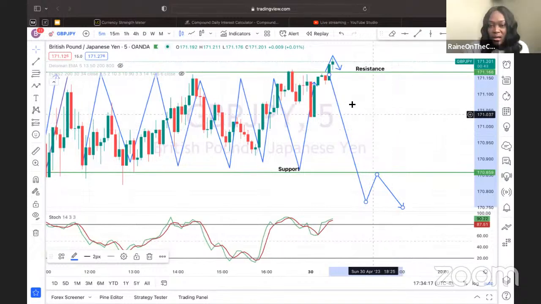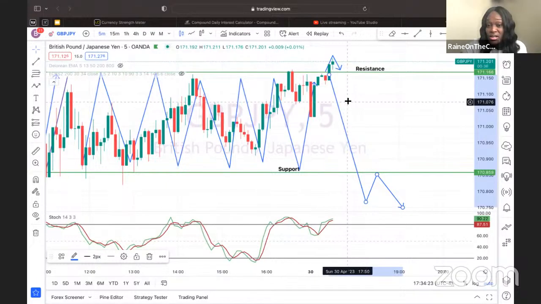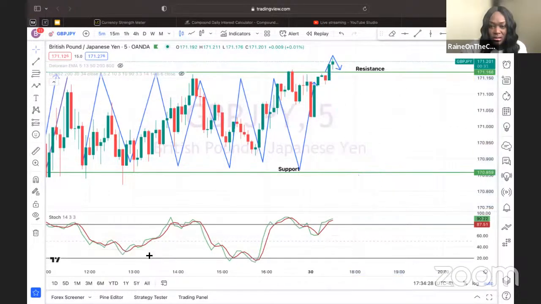Okay, all right. So when I'm going to enter a trade, hold on. I'm waiting on the price to, okay, so there are 20 seconds left in this candle. I need to see price close above, which it did.